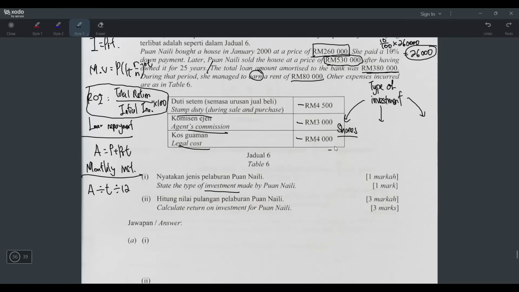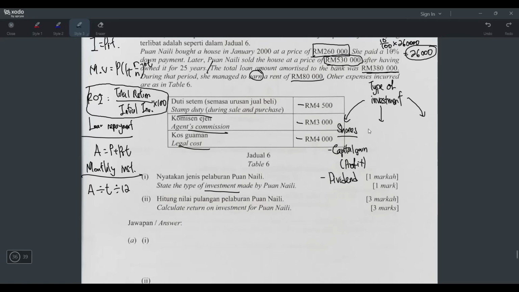So the income will come in the form of capital gain. Capital gain means profit. You earn profit because your selling price is higher. And another form of return you get is in the form of dividend.